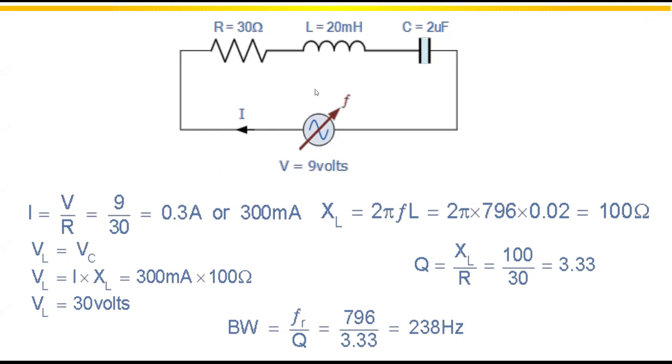In this case, we had a 30 ohm series resistor, and our reactance was 100. So you're getting a Q of 3.3, and you can see the bandwidth: out of 800, you got a little over 200, so about a quarter.